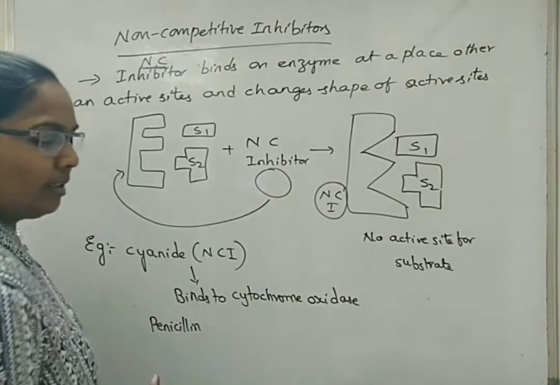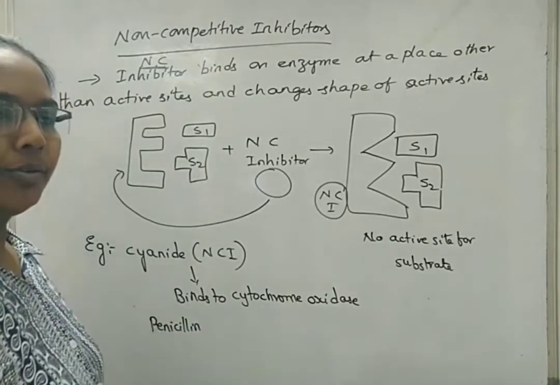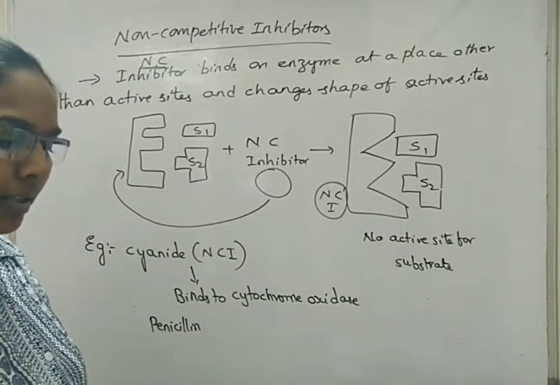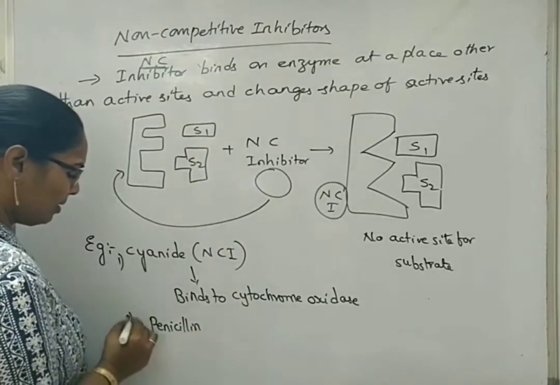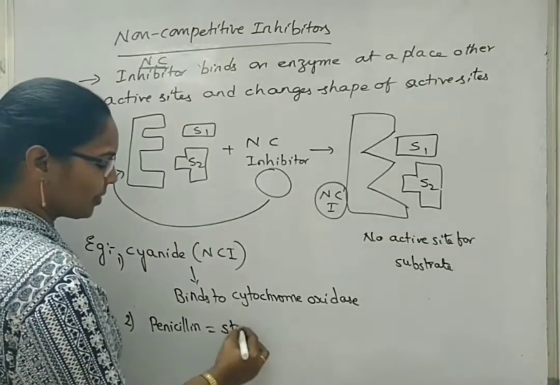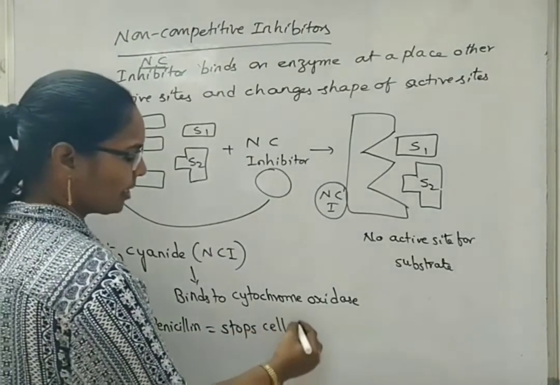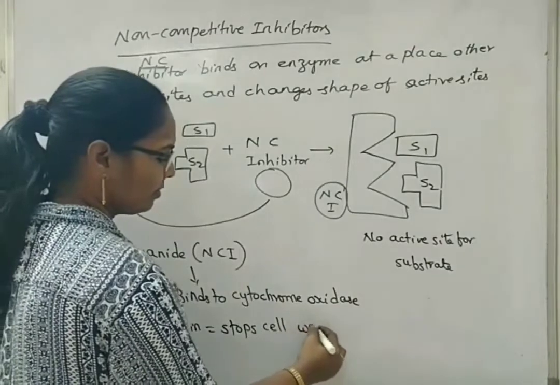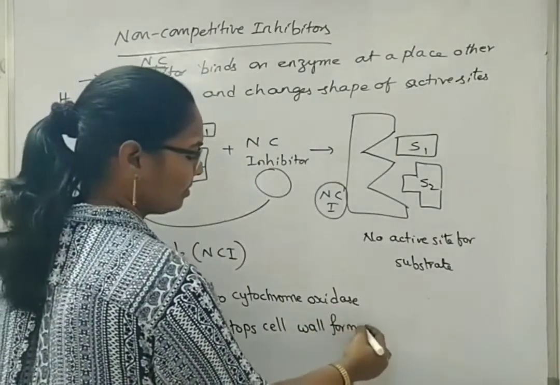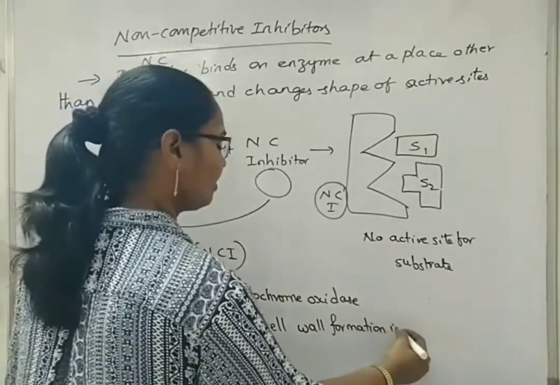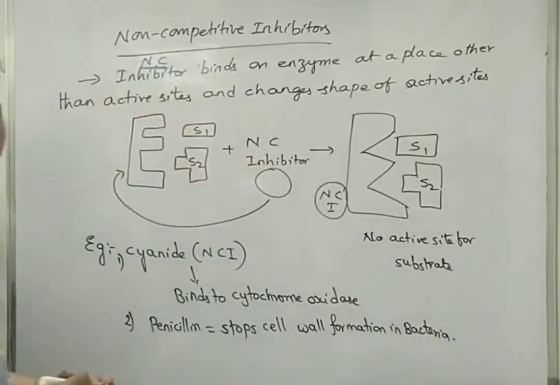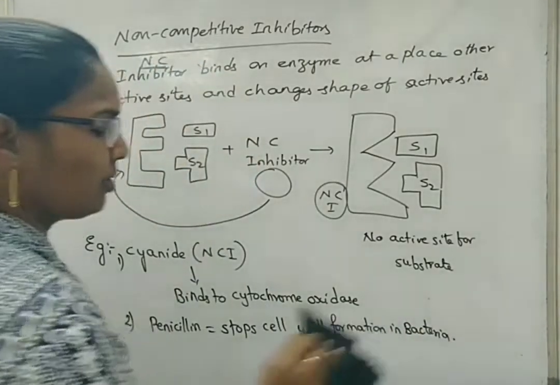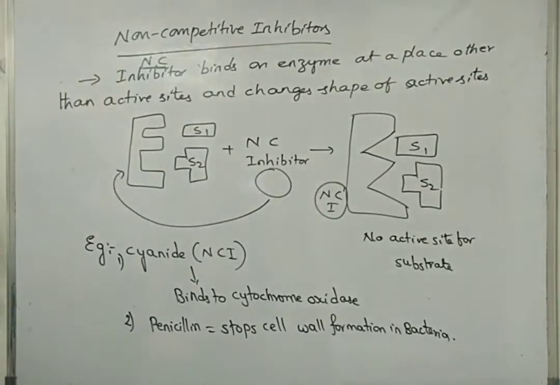Penicillin stops the formation of peptidoglycan membrane or the cell wall formation in bacteria. So this is another example. So this is about competitive and non-competitive inhibition.